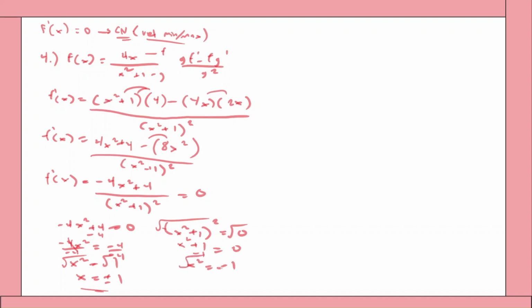We take the square root, but oh no, this is a negative 1 in a square root, which means we'll get i, but we can't use i for our critical numbers. They won't exist on the graph, so we just end up crossing this one out as not being a critical number, which means that our answers would be x equals plus or minus 1.